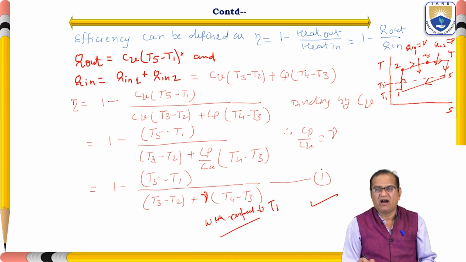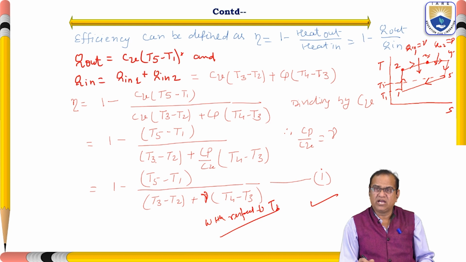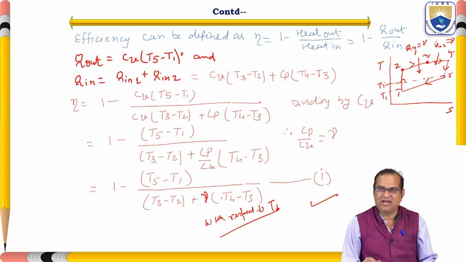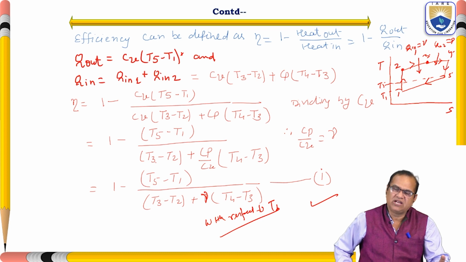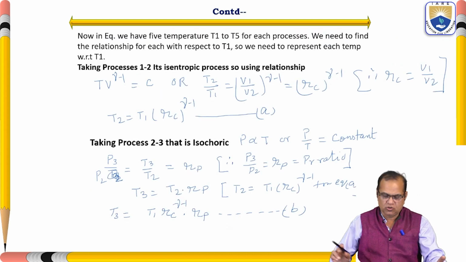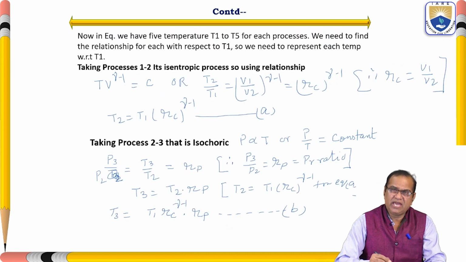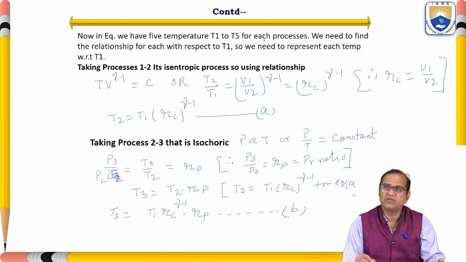We will relate all of them, so if you know the T1, you can find out all the temperatures, and this will be used for the future numericals and other things. So in the above equation, we have 5 temperatures, that is T1 to T5, for each process. We need to find the relationship for each with respect to T1. So we need to represent each temperature with respect to the T1.